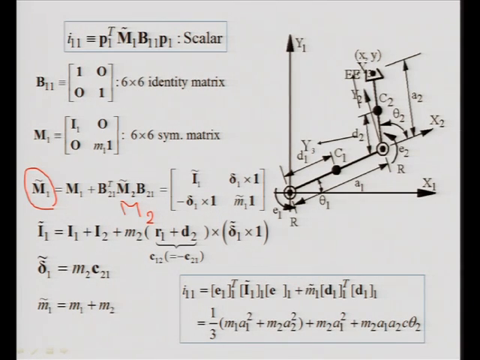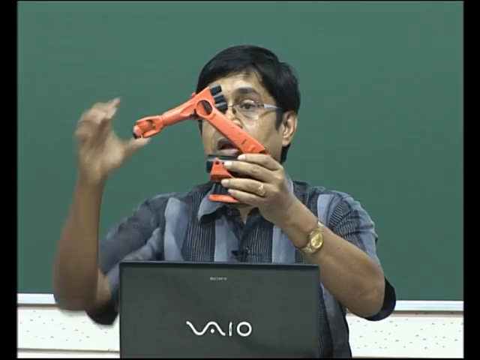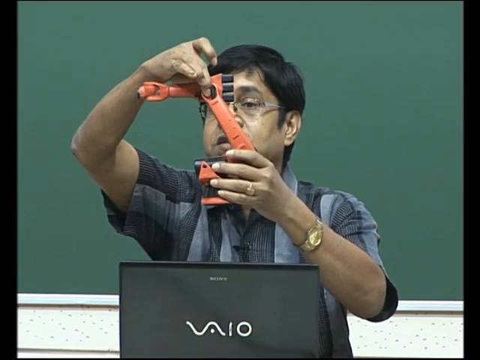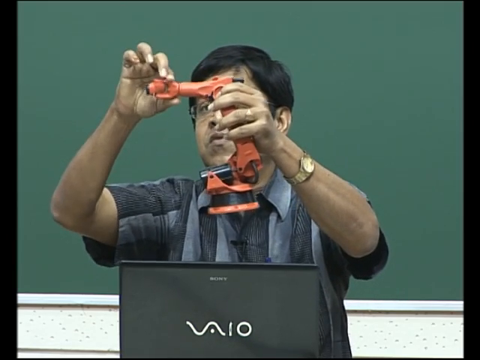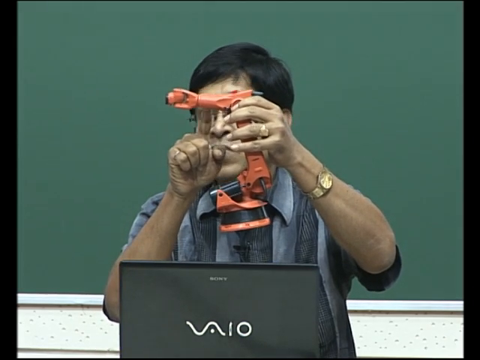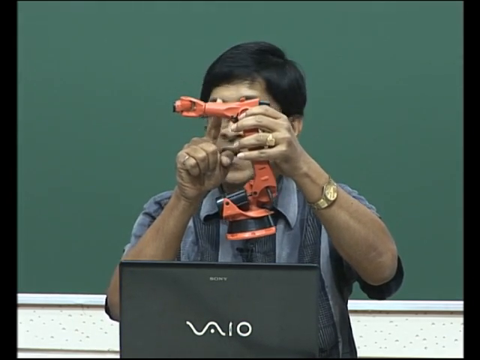Suppose you rigidly connect these two bodies. Suppose the joint does not exist. So, showing in this robot model, I tighten it, I weld this thing. Now, this one cannot move with respect to that one. So, I had M2, consisting of the inertia tensor and the mass of this link.